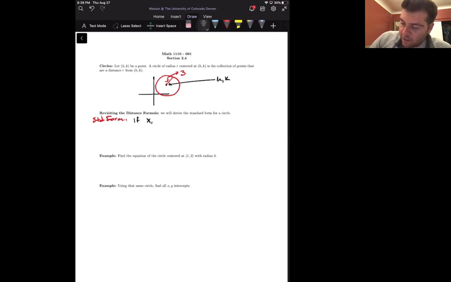If (x, y) is on the circle, then we'll have that r is the distance, the square root of (x minus h) squared plus (y minus k) squared.